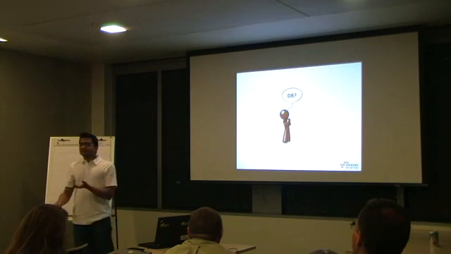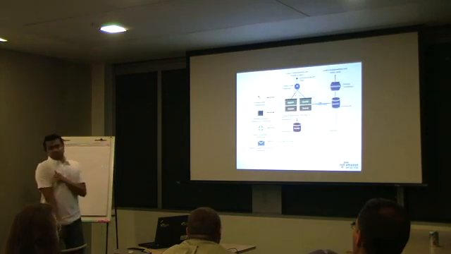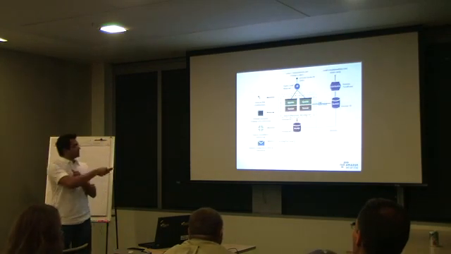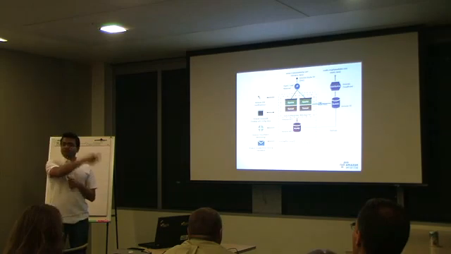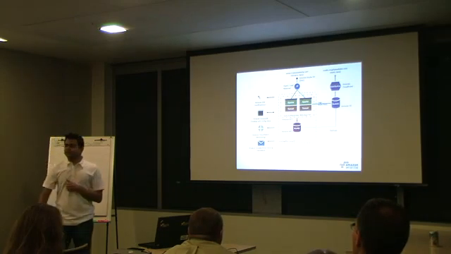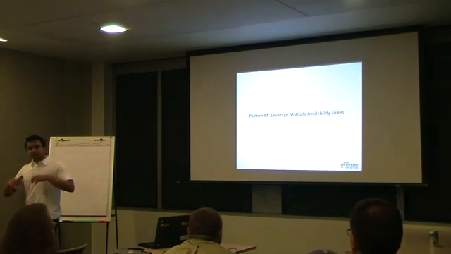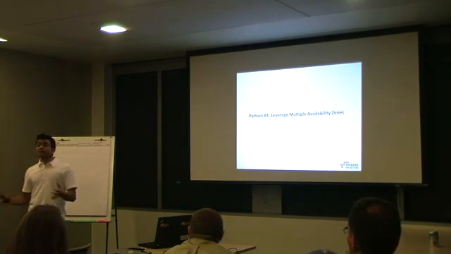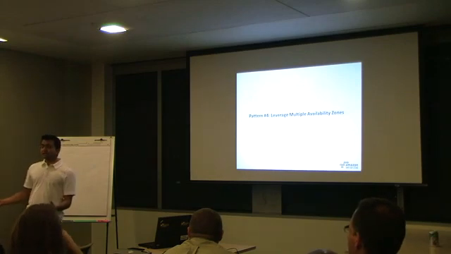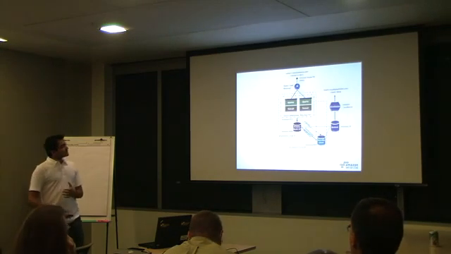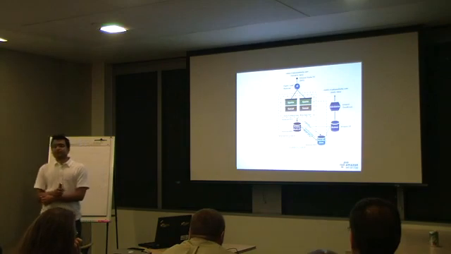So now, obviously, the question will come in, what about databases, correct? Now I'm able to horizontally scale if there are lots of requests, but the database is still the bottleneck, right? That comes to our fourth pattern, called leveraging multiple availability zones. And this is one of the best features of Amazon RDS.